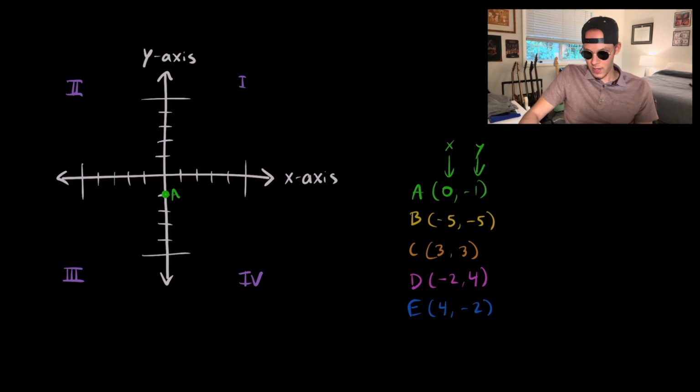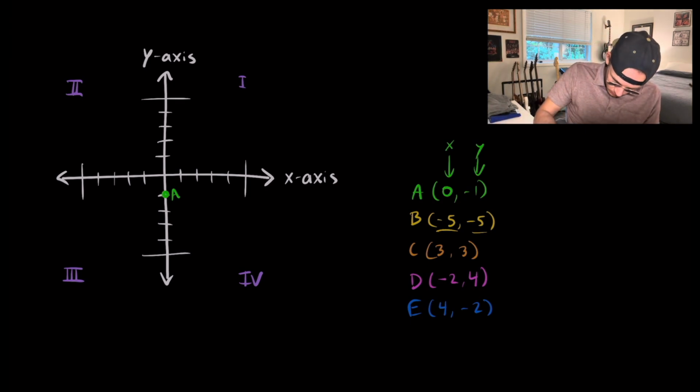All right, for B, we got -5 as our x-coordinate and -5 as our y, so it's kind of hard to mess this one up. Start at the origin, and then take a look at your x-coordinate. Since it's -5, we're going to move to the left -5, and this will be my new point where I'm going to jump from. And then the y-coordinate is also -5. Since it's negative and it's a y-coordinate, we're going to go down.